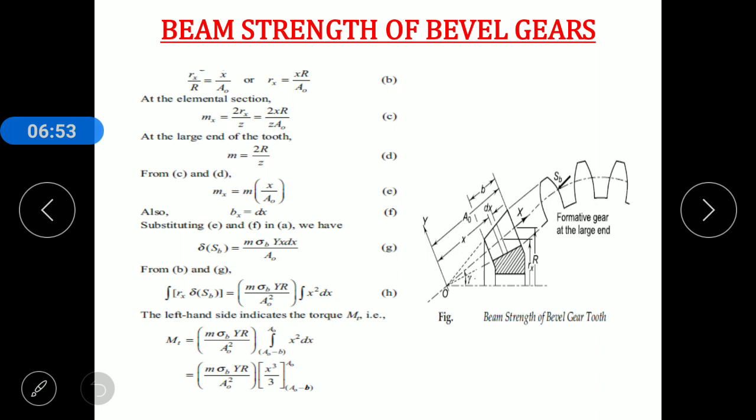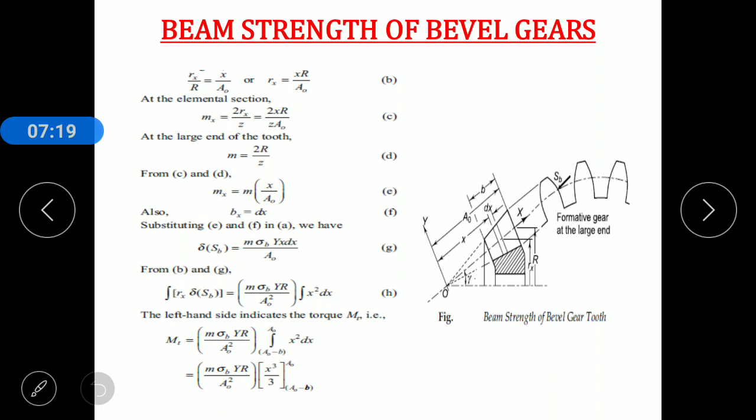After that, we simplify the relation: delta SB is equal to m sigma by x into dx divided by AO. Consider equation G. Again, from equation B and G. Here, this equation G is for the tangential force, that is PT, and equation B is the radius.